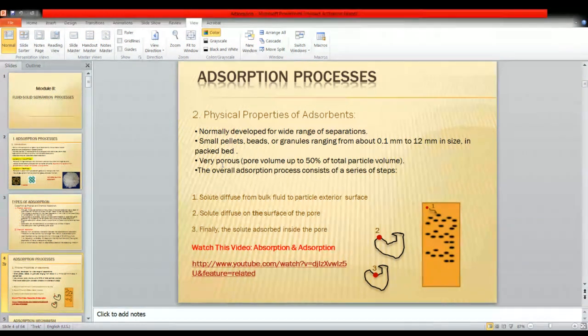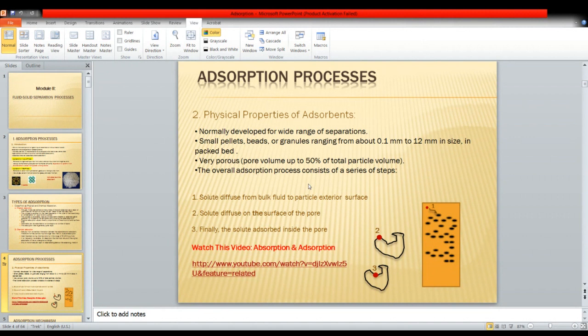You cannot imagine. 1 gram of adsorbent is like a football ground. It can hold as many particles as a big stadium can hold people. This is a very strange property of a solid particle. So very porous, with volume up to 50% of total particle volume.